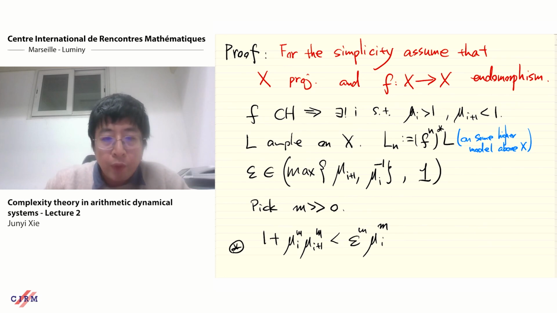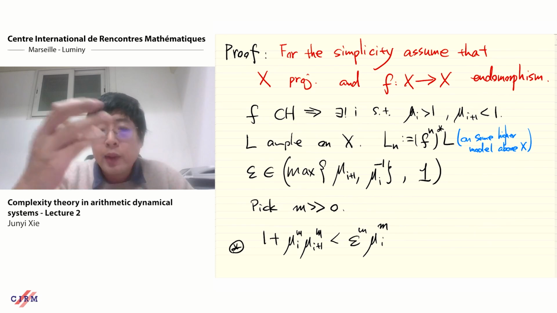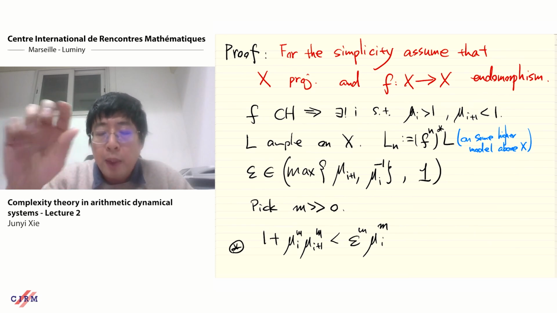It's still an ample line bundle on X. Now we pick epsilon in this interval: it's larger than the maximum value of mu_{i+1} and mu_i minus 1. You see here mu_{i+1} is strictly less than 1, and mu_i is strictly larger than 1, so mu_i minus 1 is also less than 1.